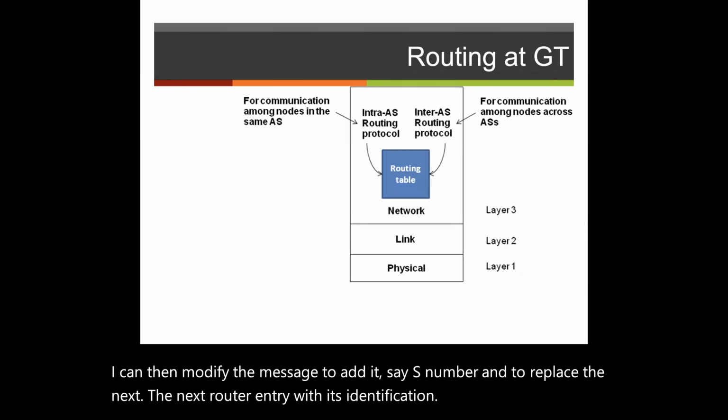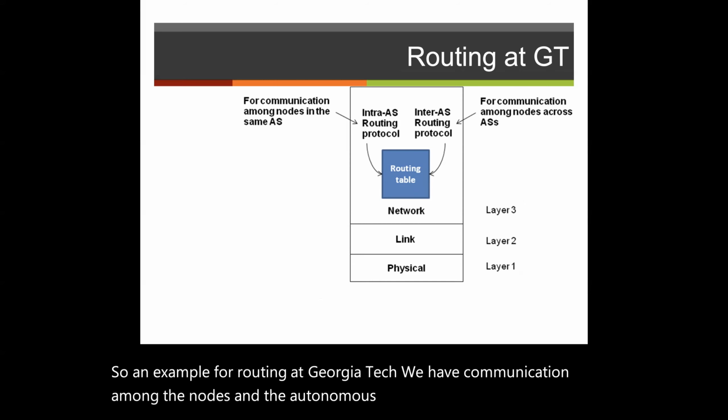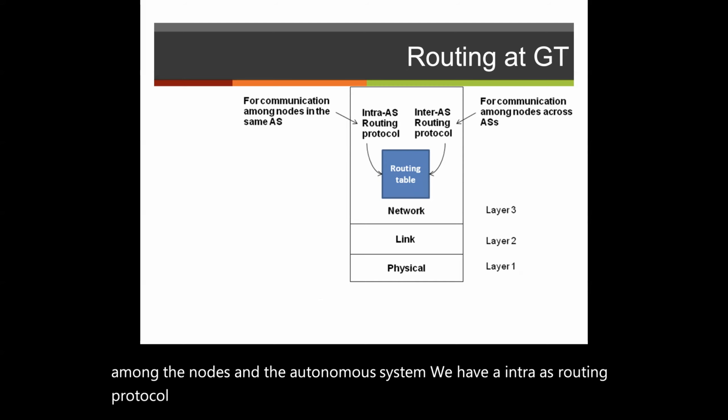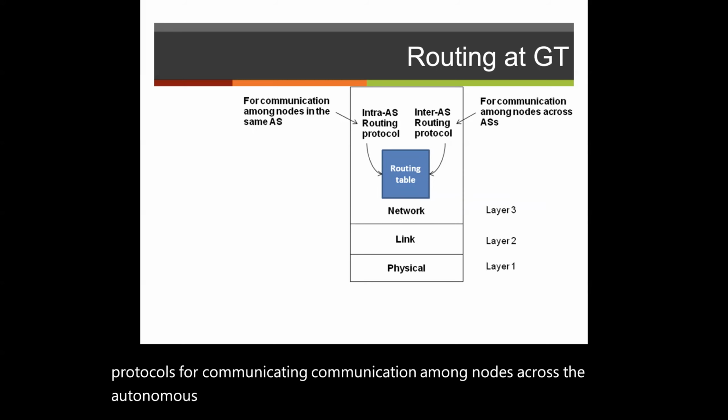So as an example, if we're routing at Georgia Tech, we have communication among the nodes in the autonomous system. We have an intra-AS routing protocol that utilizes this. And then we also have inter-AS routing protocols for communication among nodes across the autonomous systems. These are all represented via a routing table.